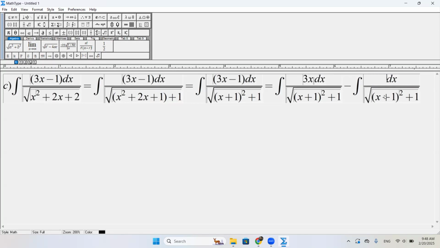So this is the table integral, but now we leave it like this.